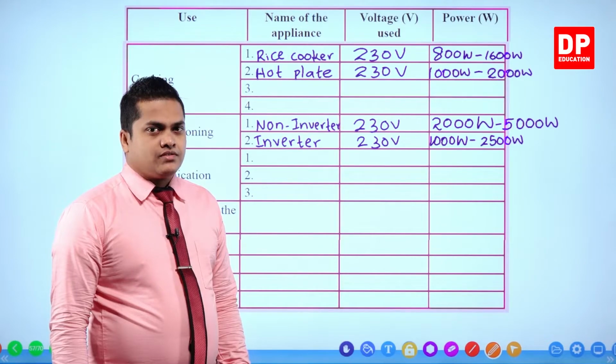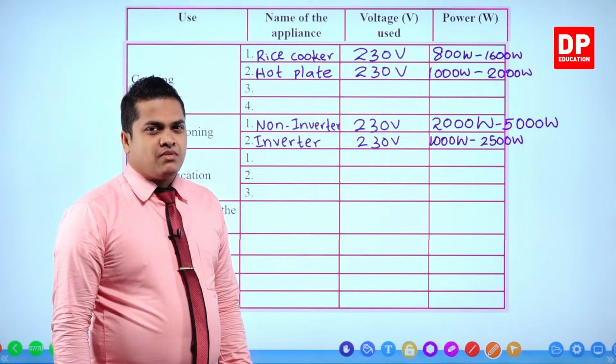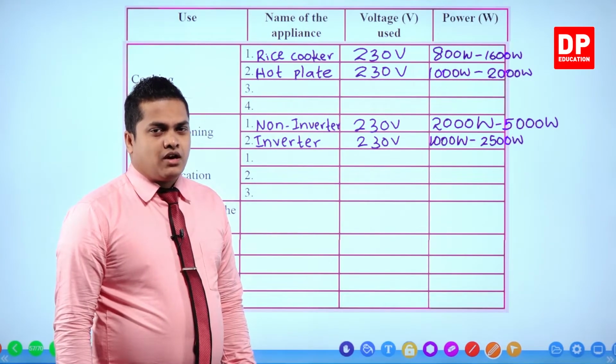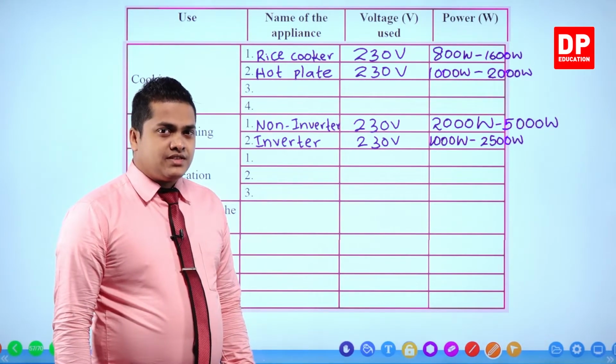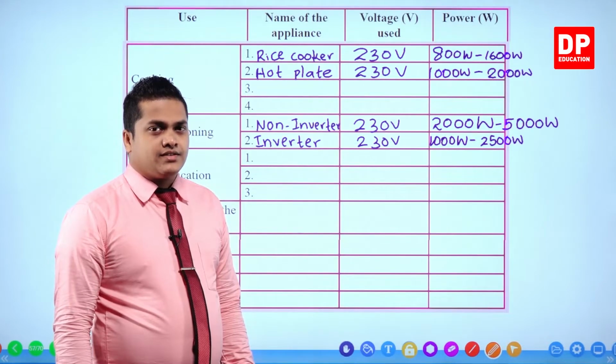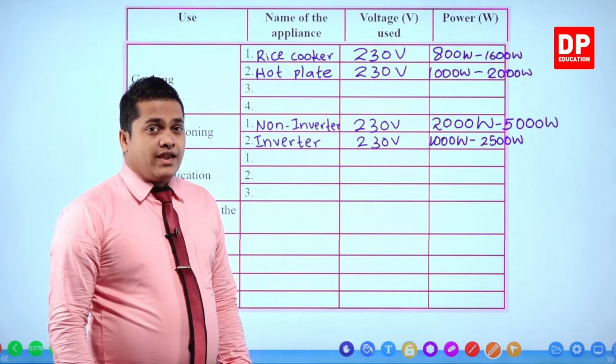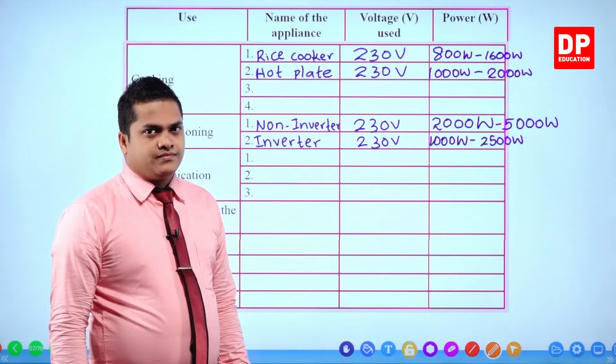Inverter ones use a maximum of up to 700 watts. But a non-inverter refrigerator with the same capacity of 300 liters is going to consume about 800-900 watts.